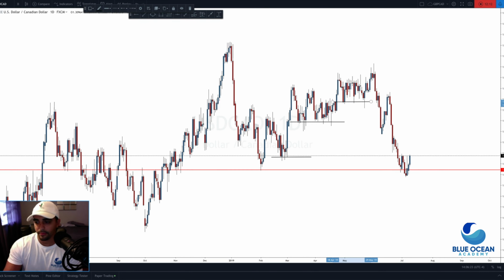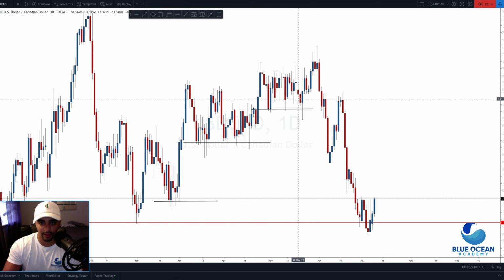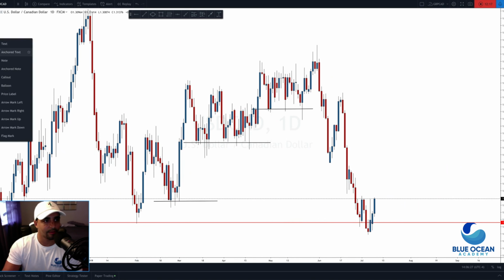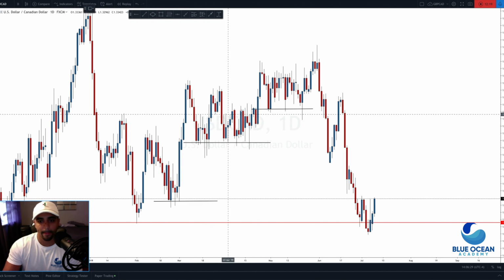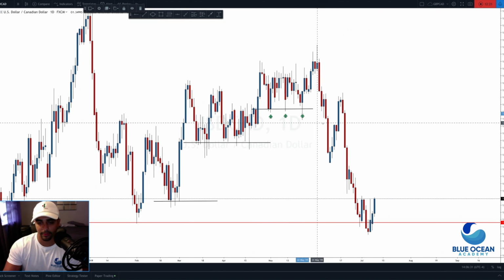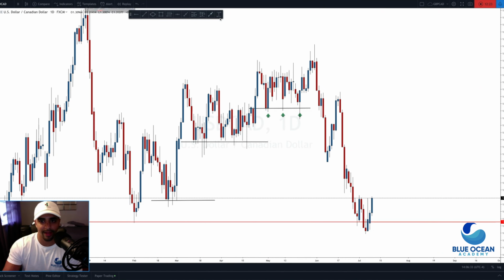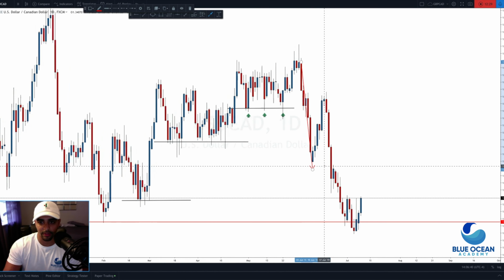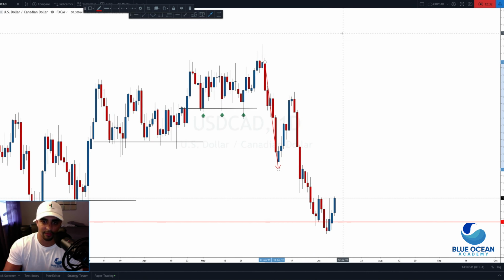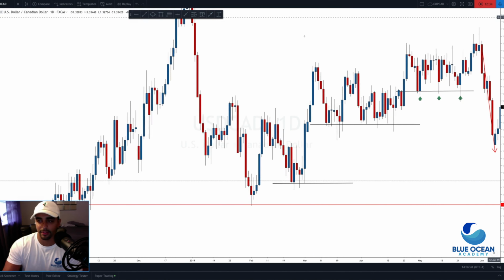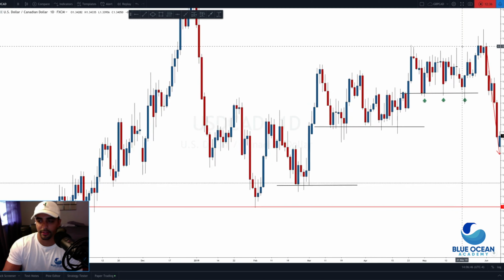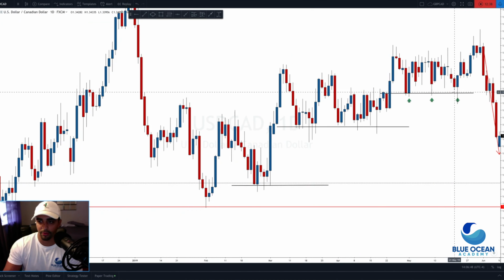So this floor here, let me just put some arrows here. This floor here was surpassed by this move. So this drop here, if you were looking at it like this, if you didn't see what it's currently doing, this move here broke this floor.